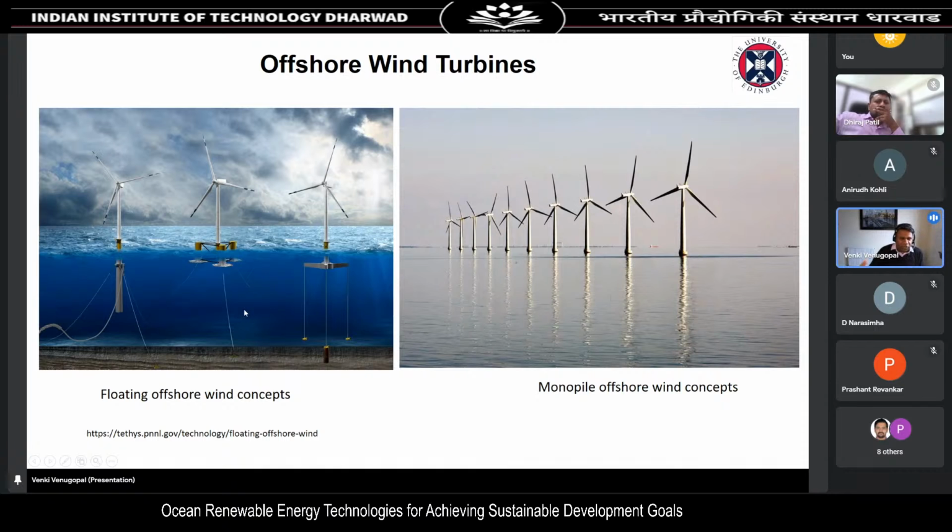Deeper water means more wind, which means more electricity production. And this is why the interest now is to move to deeper water using different technologies. The ones you see here are called SPAR, semi-submersible, and TLP. These technologies are now being considered and tested seriously.